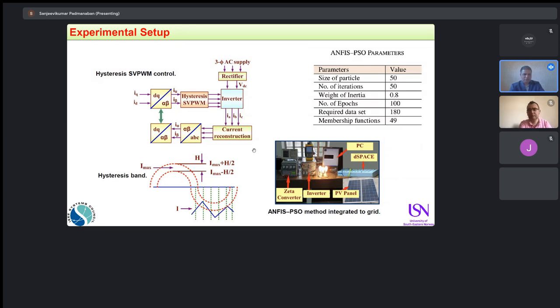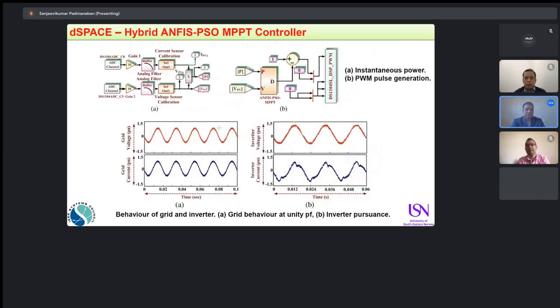But by using the control algorithms, we are able to generate a high quality waveform. For this purpose, we use simplified algorithms based on hysteresis controllers, and we are trying to control the currents and voltage by using advanced AI algorithms. You can have a look how we try to create a hybrid module of ANFIS, which has a neural network, fuzzy logic, and PSO combination.